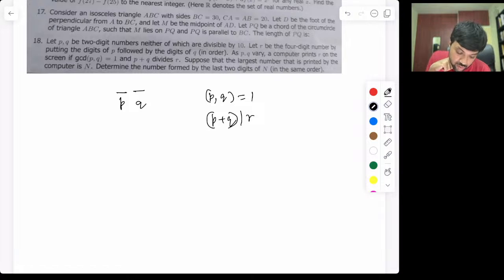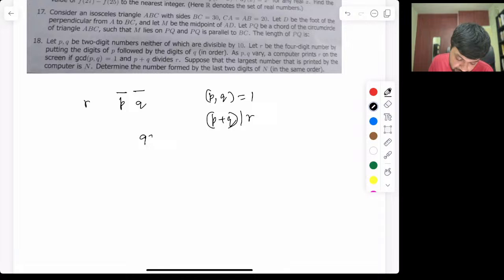Alright, so let's see. You have two-digit numbers, neither of them divisible by 10. Their GCD is 1. The ones that are printed are when their GCD is 1 and P plus Q divides R. One thing to try is what will happen to the largest number, if you want to do a bit of trial and error before we start understanding what's happening. 99 can be the largest 2-digit number, but their GCD is 1.